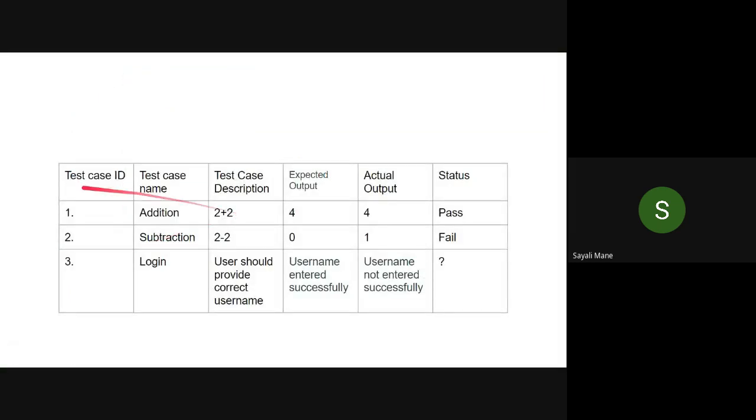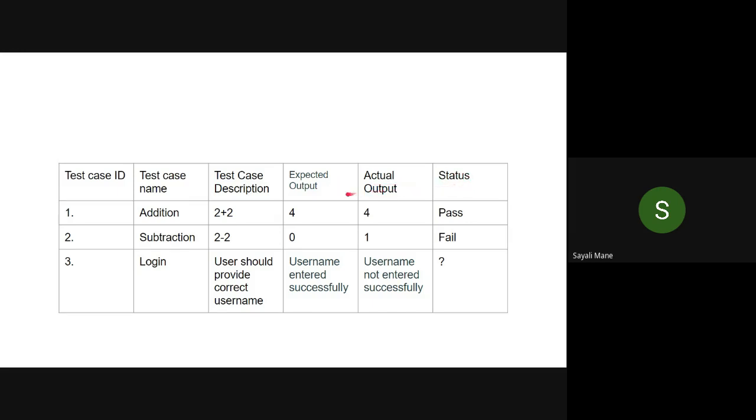See here, there are a total of 6 columns. First one is test case ID. Under the test case ID, one, two, three numbers are there. Then test case name, the name for the test case, description, expected output and actual output. Now these two things are important, and then the status.